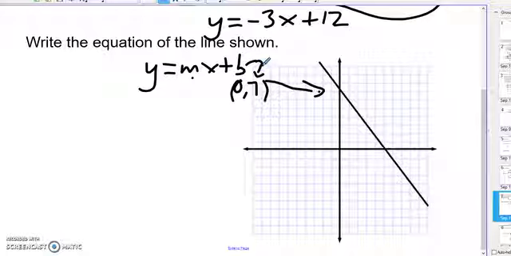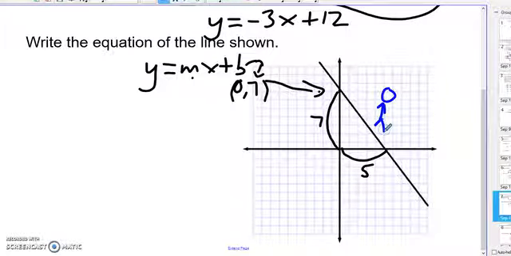Now what about the slope? So here I notice if I go up, that's 7, and if I go this way, that is 5. Now, does this line have a positive or a negative slope? The way I think about that is I imagine I've got a snowboarder, and this snowboarder can only go from left to right on a piece of paper.